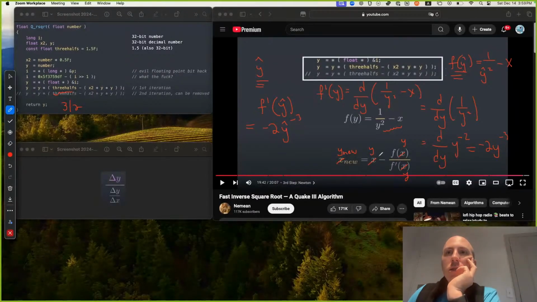So we just need to do y new is equal to y hat minus f of y, which is 1 over y squared minus x, divided by f prime of y, which is negative 2 y hat to the negative 3.